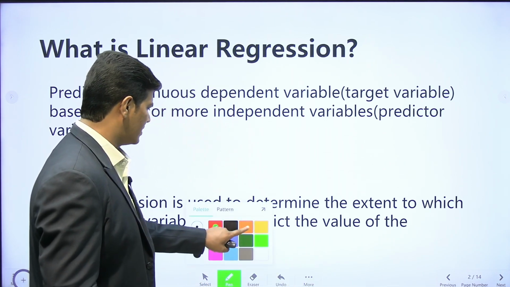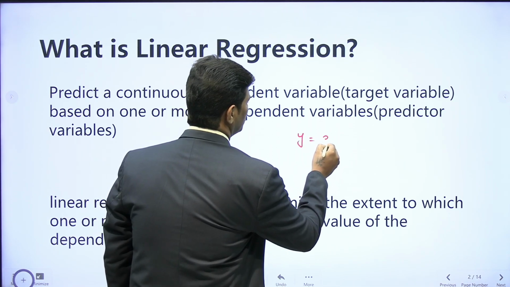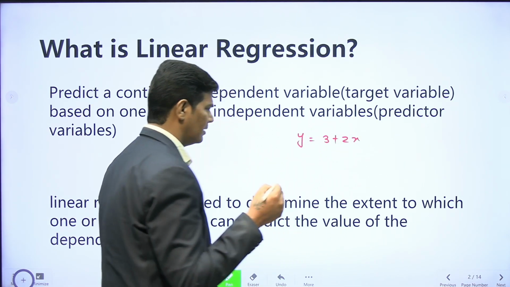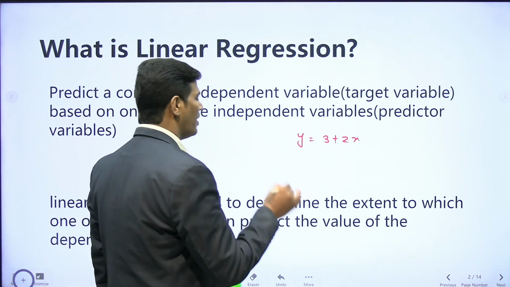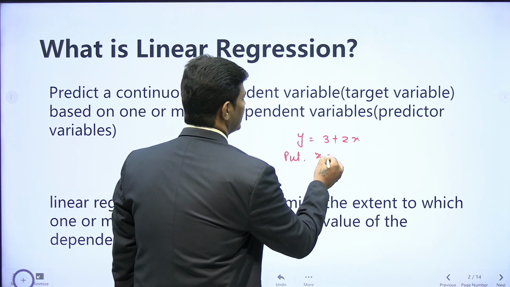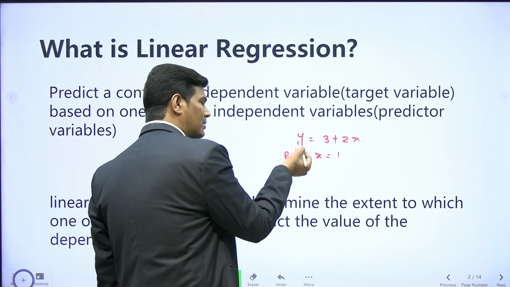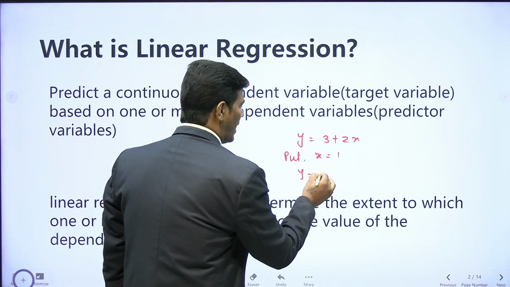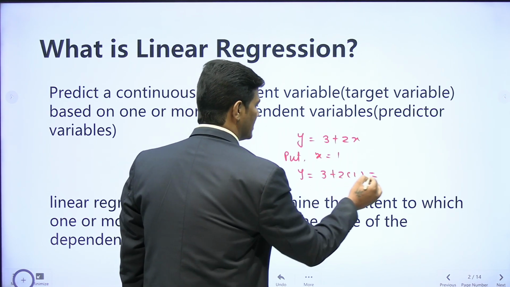In mathematics, if you remember, we have a simple equation, y is equal to 3 plus 2x, where we put x is equal to 1. Using x equal to 1, we calculate the value of y. That means y is equal to 3 plus 2 times 1, which is 2 plus 3, 5.